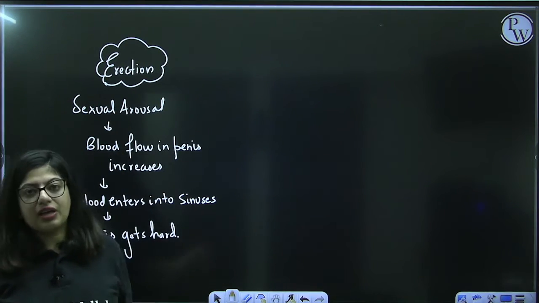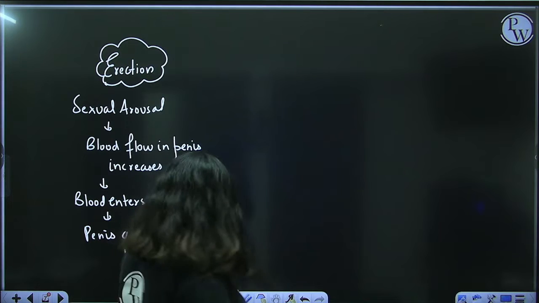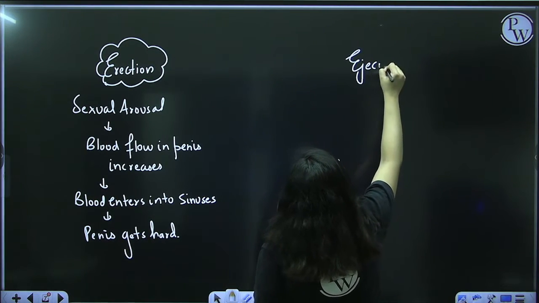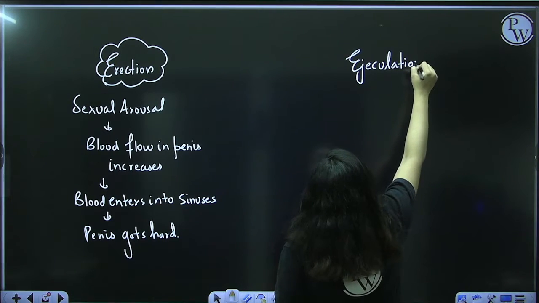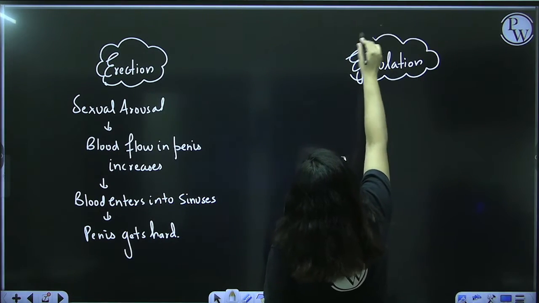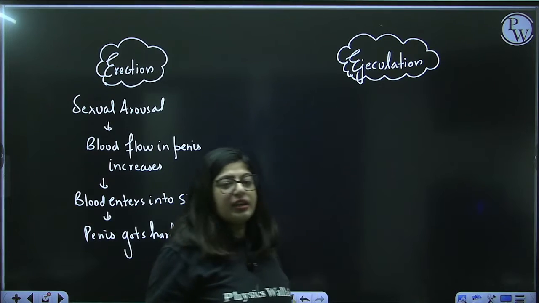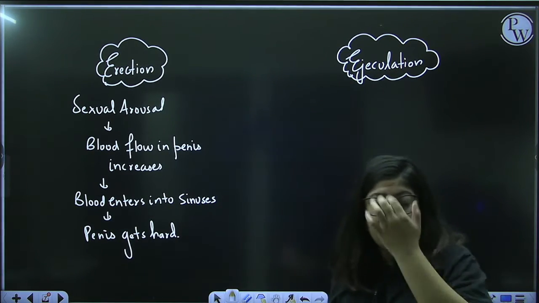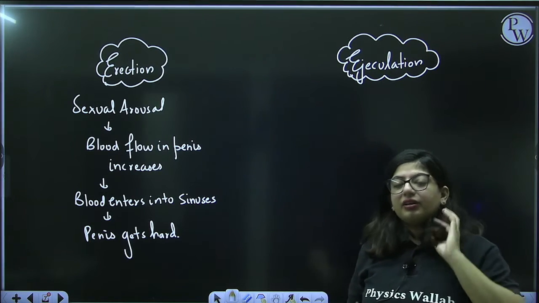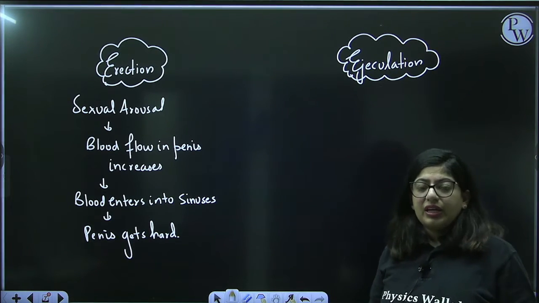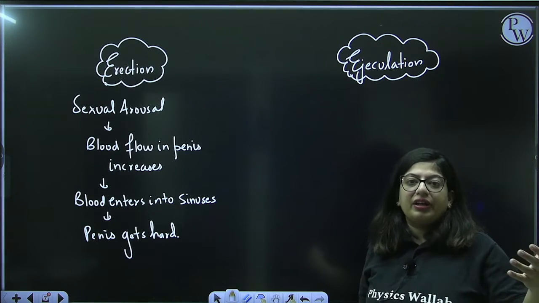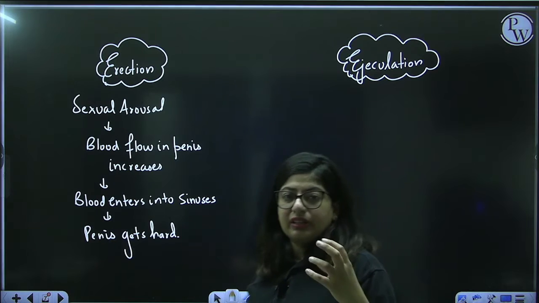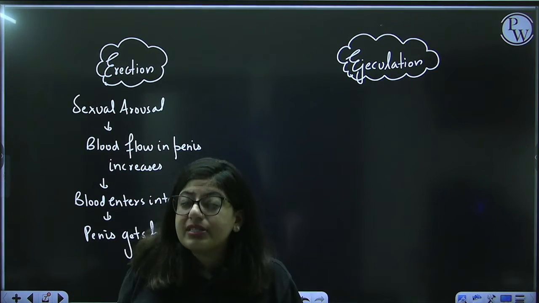Now, why does it get hard? For sexual intercourse, right? Now, what will happen at the end of sexual intercourse? The penis enters into the vagina because it has to inseminate, right? So, after the end of the sexual intercourse, the penis ejaculates. That means it will throw its fluid. What is that fluid? Semen.